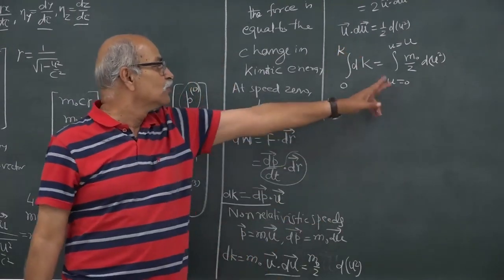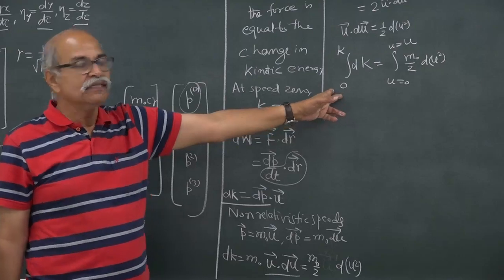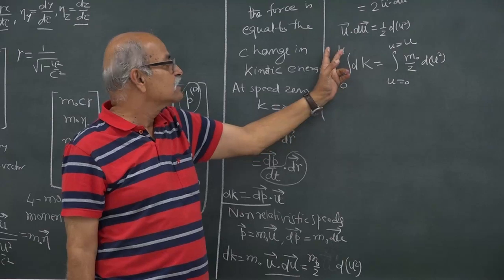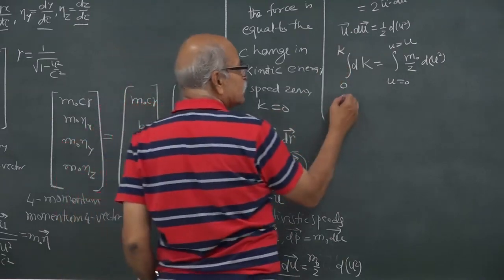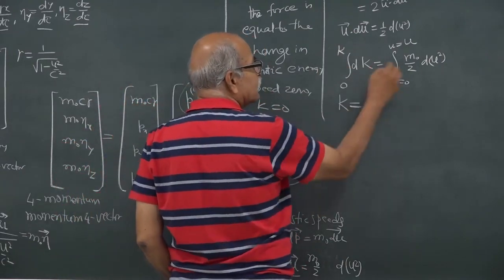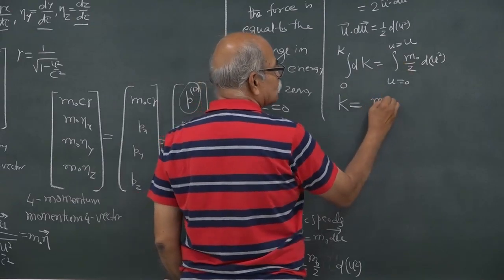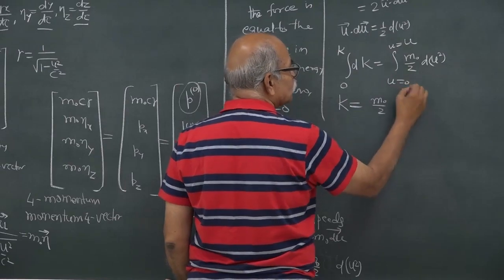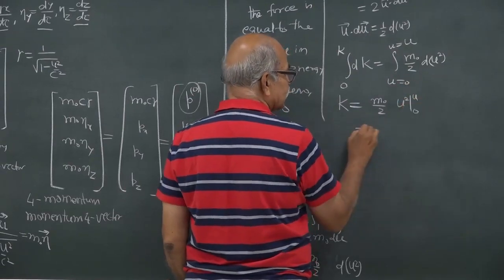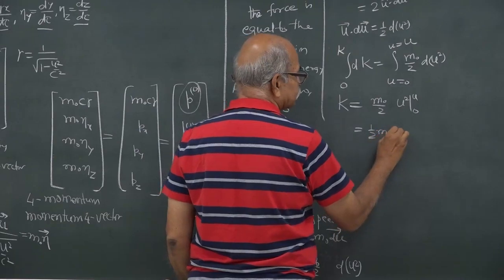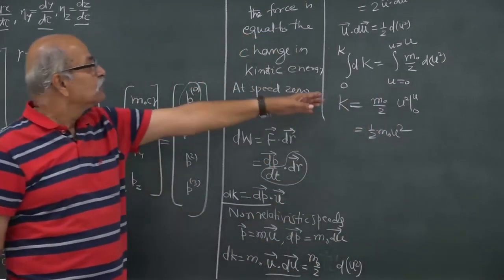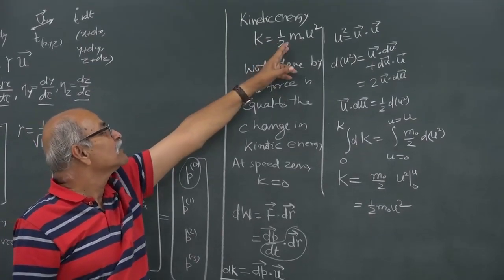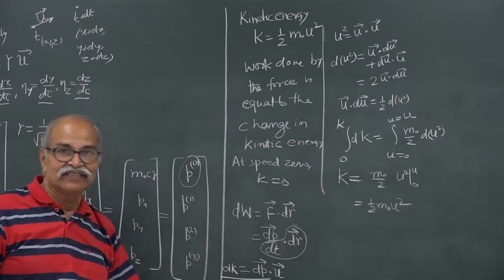At u equal to 0, kinetic energy is 0 by definition, and then when the speed is u, the kinetic energy is k. So k is equal to, this side is just k and this side is m naught by 2, integration of this is u square, and then you put the limit u equal to 0 here and u here, and that is half m naught u square. So, this is how that expression of kinetic energy, non-relativistic limit half m naught u square, is derived.